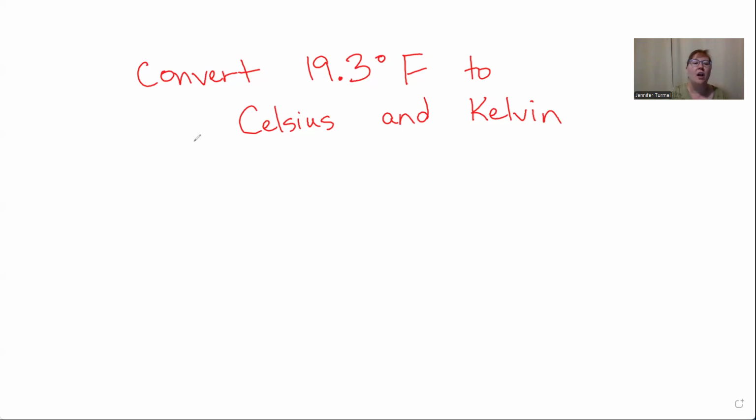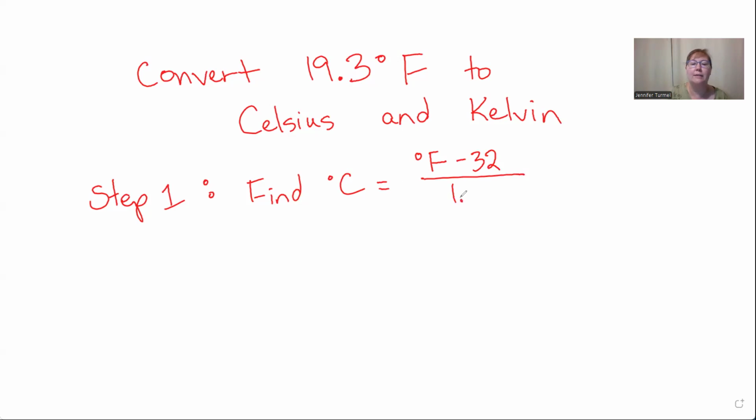All right, so first of all, in order to convert, we can't convert directly from Fahrenheit to Kelvin. So our step one here is to find our Celsius temperature, or find degrees Celsius. And when we're converting to Celsius, our equation for that is going to be degrees Fahrenheit minus 32 over 1.8. Okay, so let's do that math.